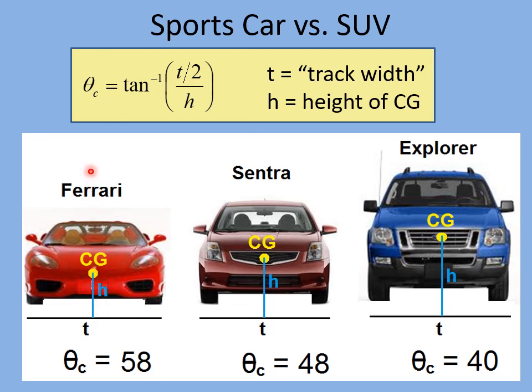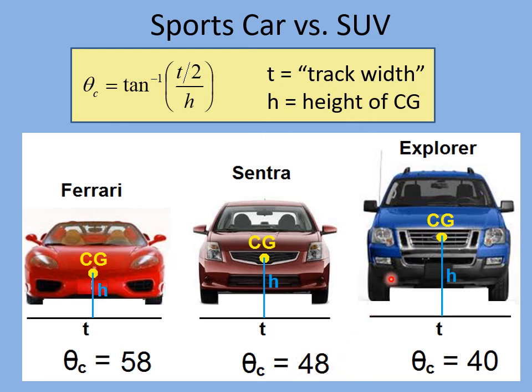So if you take something like a Ferrari, a sports car, a high performance vehicle, it's going to have a large track width and a relatively small CG, and that gives it a very large critical angle, meaning that anything less than this angle and you'll be safe. If we look at a typical passenger car like a Nissan Sentra, it has a slightly narrower track width and it has a slightly higher CG, giving it a lower critical angle here.